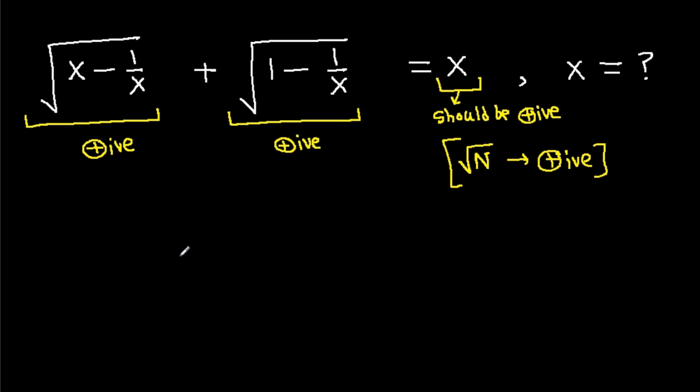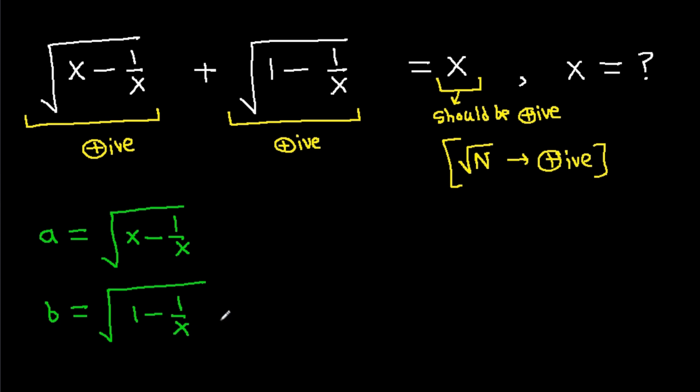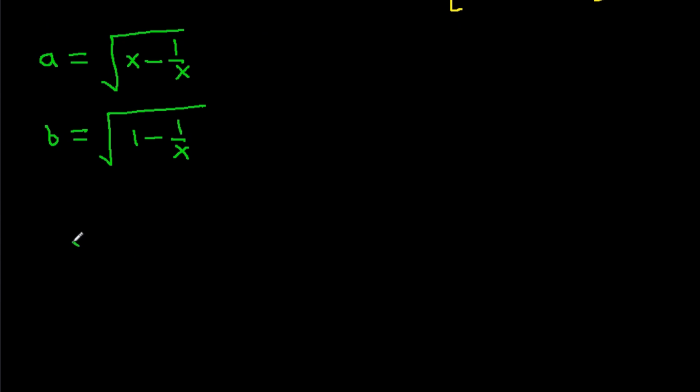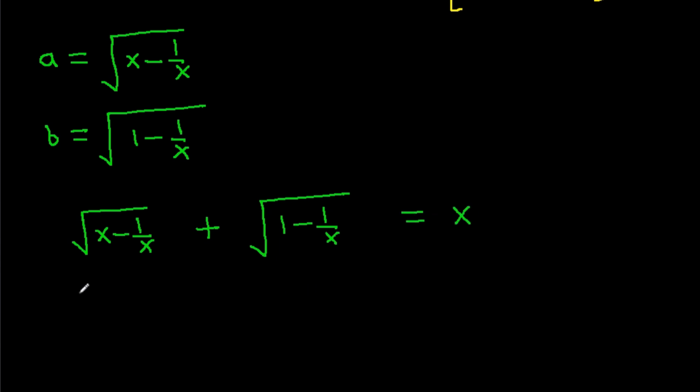And now if we take a is equal to the square root of x minus 1 by x and b is equal to the square root of 1 minus 1 by x, then we have given that a plus b is x.